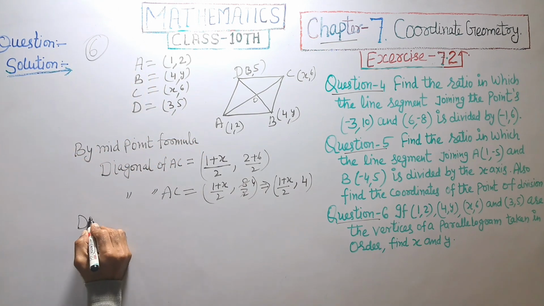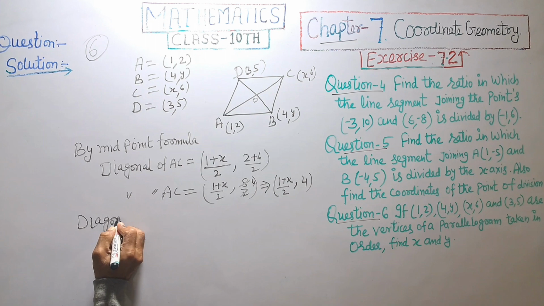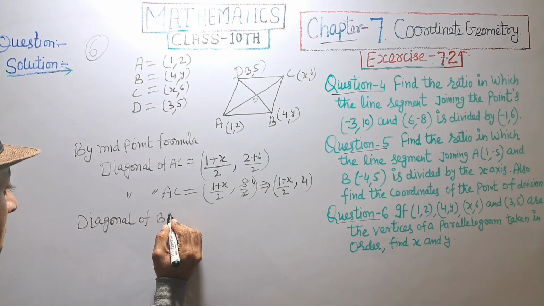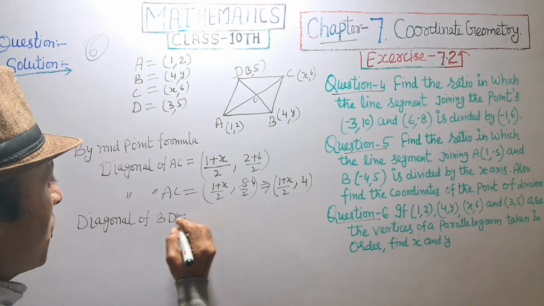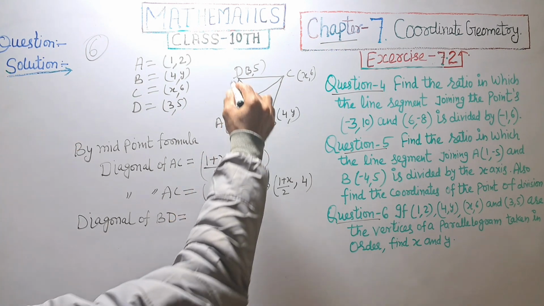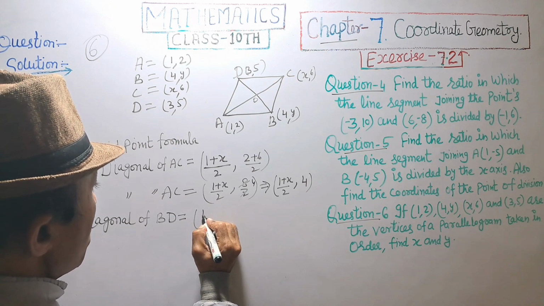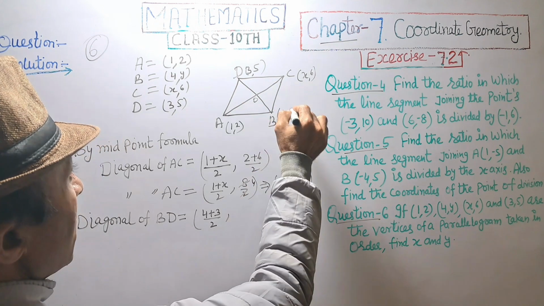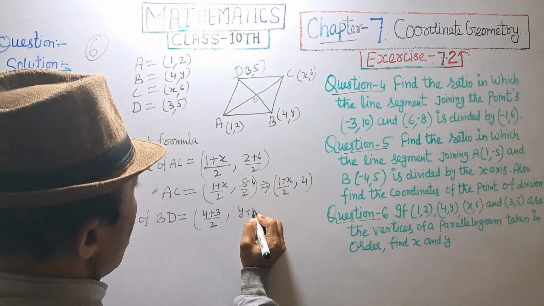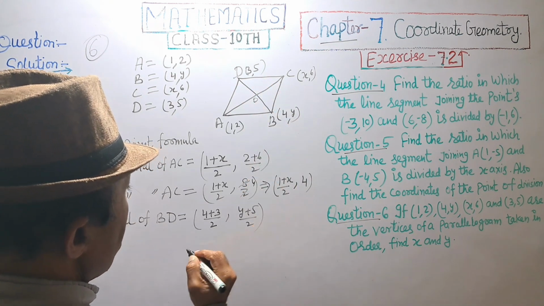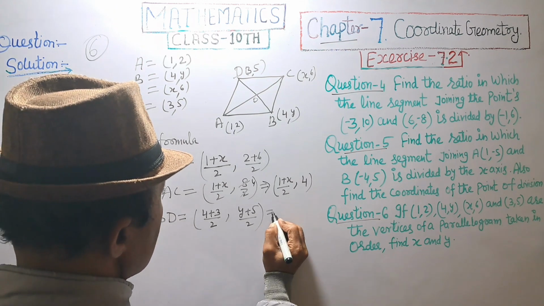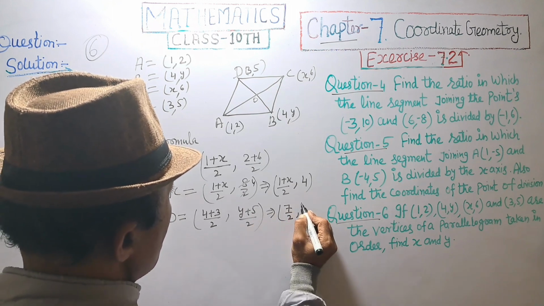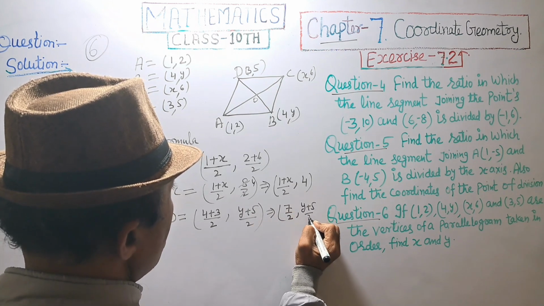And diagonal BD is equal to (4 plus 3 upon 2, y plus 5 upon 2). This implies (7 upon 2, y plus 5 upon 2).